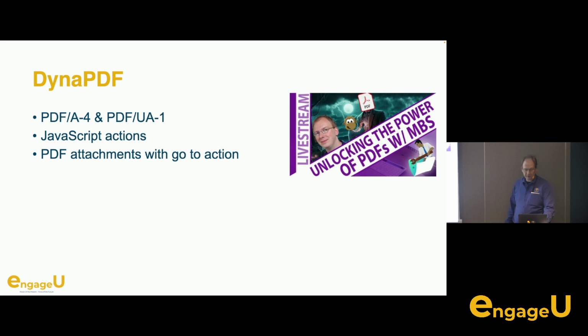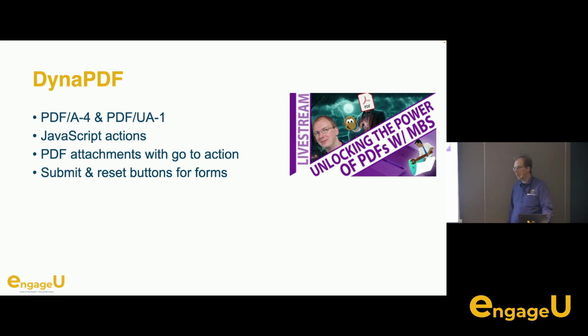We can add PDF attachments to a PDF. So a PDF can contain other files, like PDF files, and we can have buttons with an action to open this second PDF file. We can also have submit and reset buttons for forms.